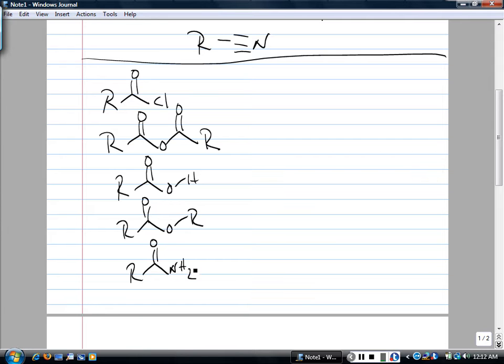And what we're looking at here is the relative reactivities of these species with respect to nucleophilic reaction.